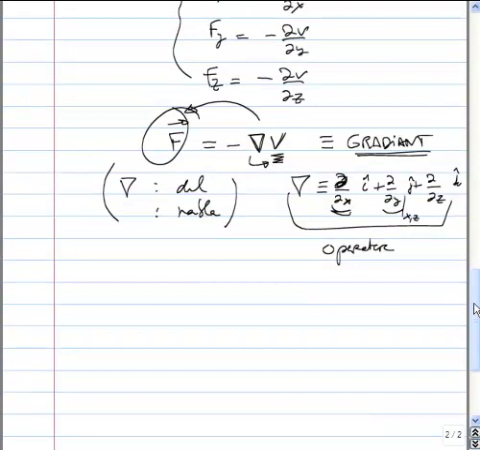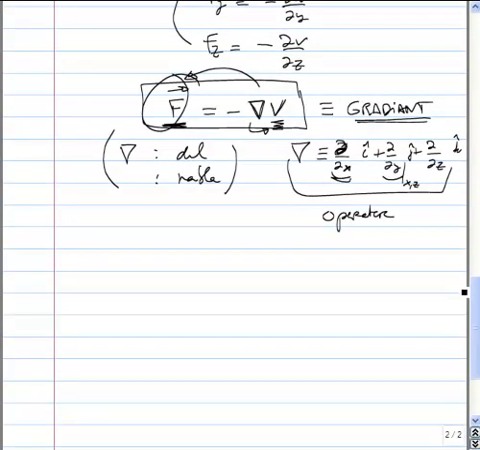The important thing about the gradient is that if you take the gradient of a scalar function, you end up with a vector function, which is expressed by this. Now there are other ways that you can use the del operator. You can apply this operator del to a vector function F. In this case, it's known as the divergence.